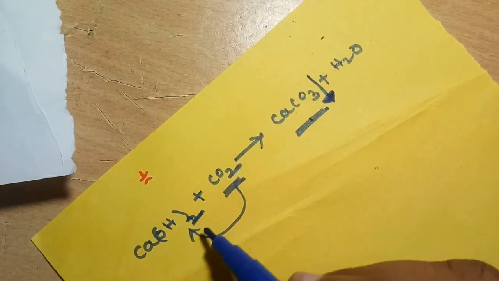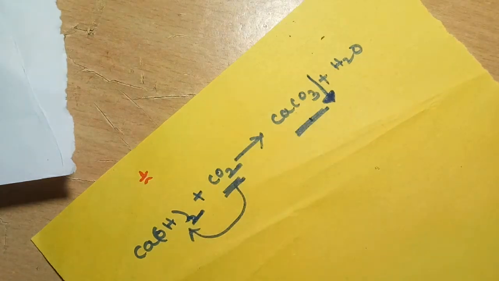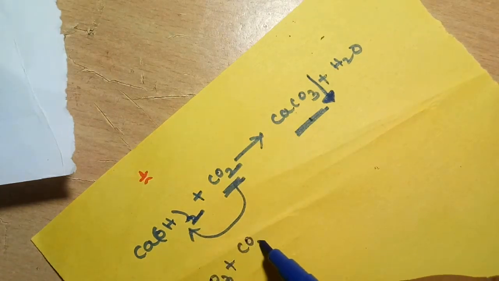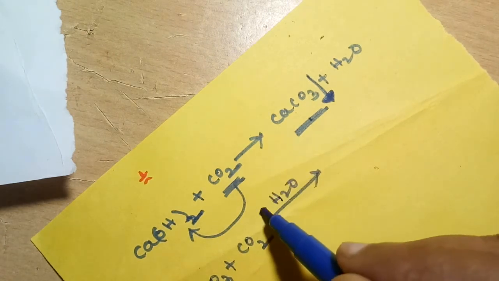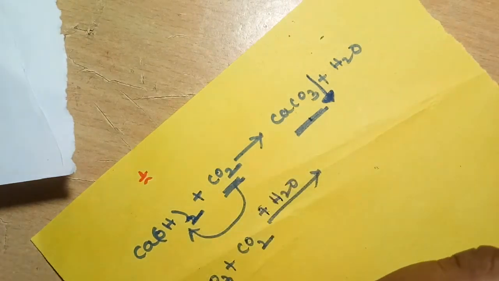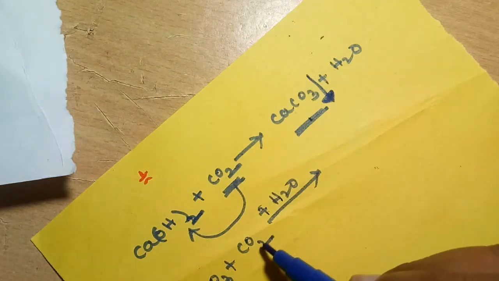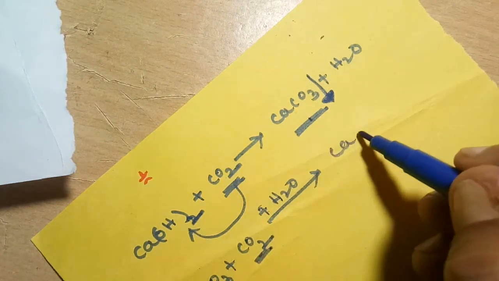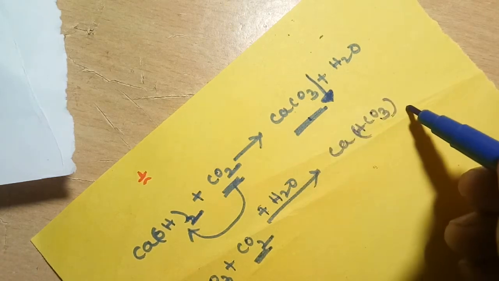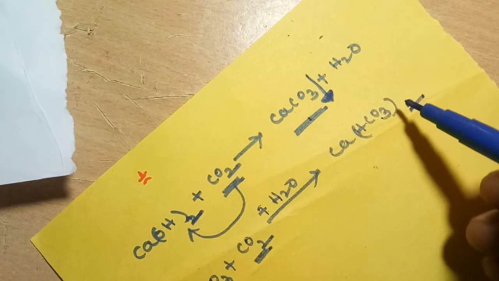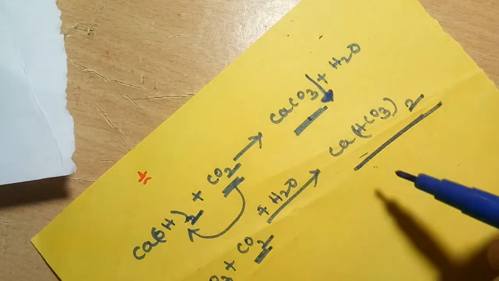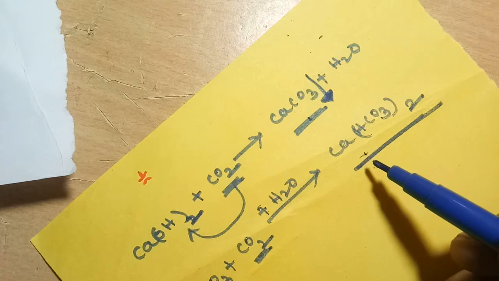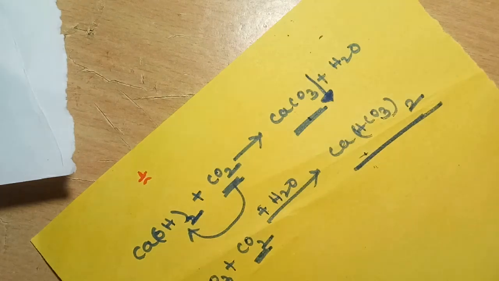How does it form? Because calcium carbonate is formed first, and if we pass carbon dioxide continuously, the calcium carbonate reacts with excess carbon dioxide in the presence of water and is converted into calcium bicarbonate. This is the water soluble form. So that's why it is not a precipitate. That means the white color disappears throughout the solution.